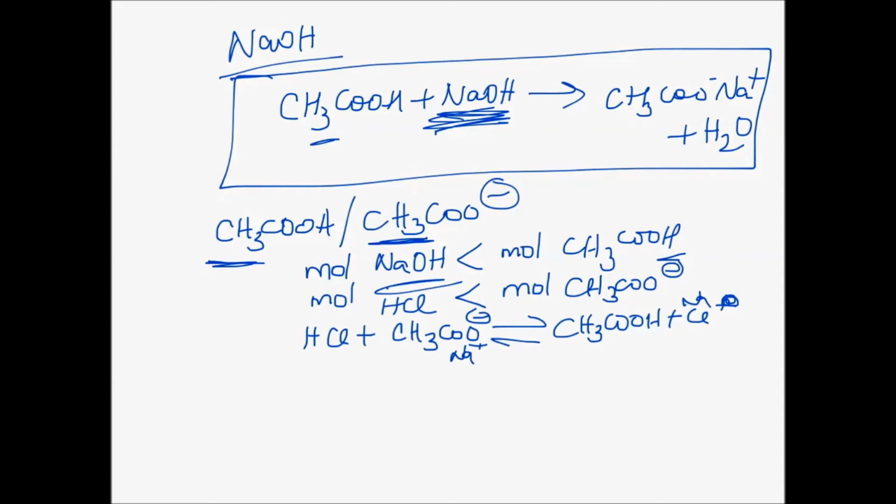So let's take a look at how we can generate a buffer. When the two are mixed, the starting point is, how does that change the pH of the solution anyway? So let's take a look at that first.